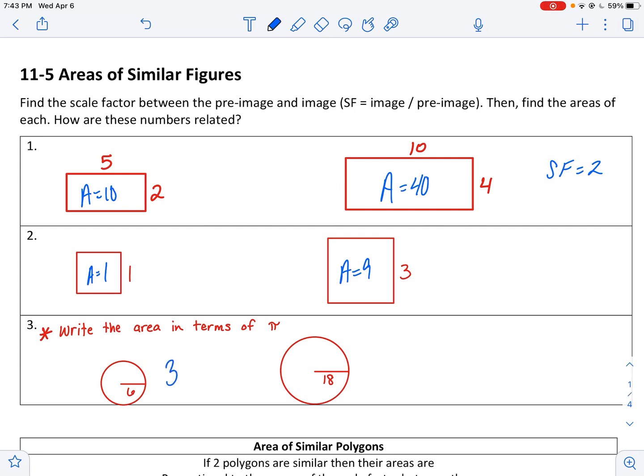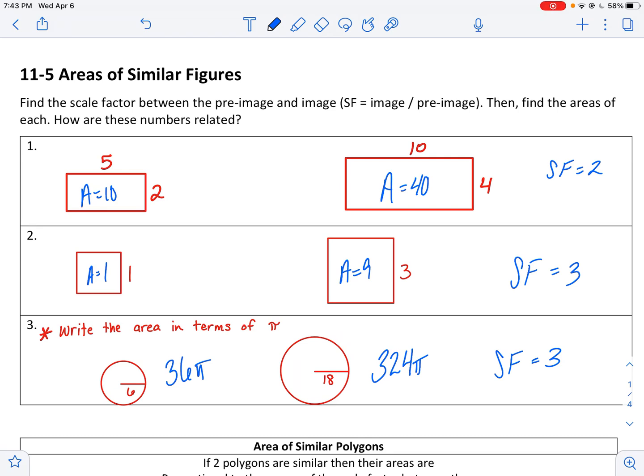And here I have an area of 36 pi and an area of 324 pi square units. My scale factor here is 3, and my scale factor on number 3 is also 3. So let's see if we can identify the relationship between the scale factors and the areas.